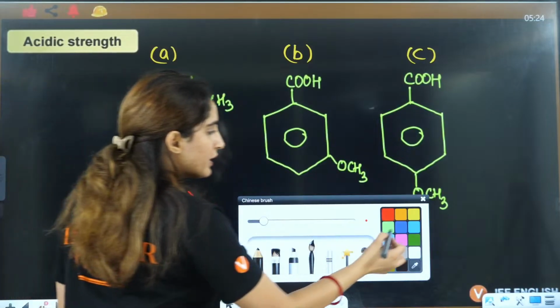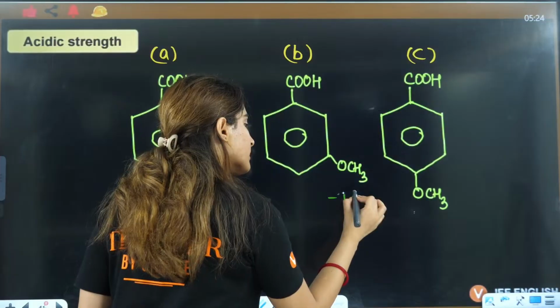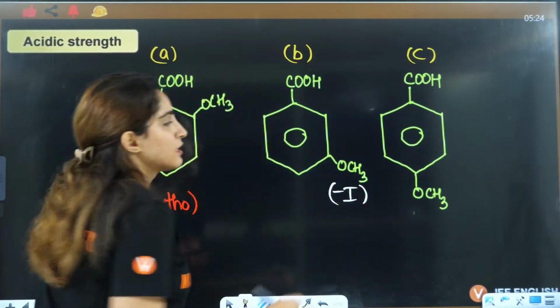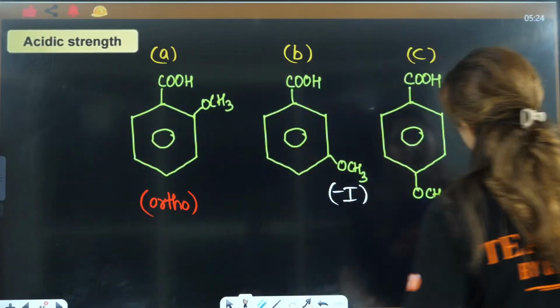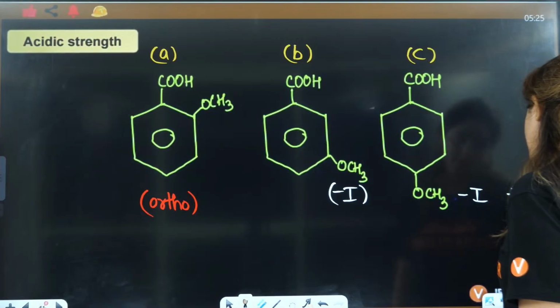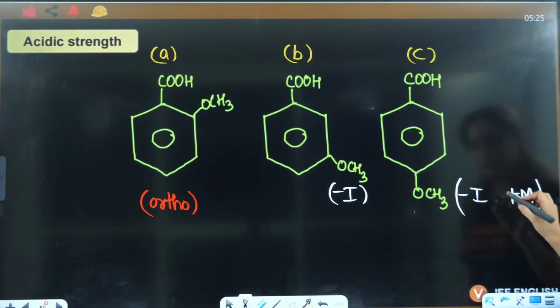Now here this will show you only minus I. Meta is not valid here. This is going to show you both minus I and plus M, but here also plus M is more valid.